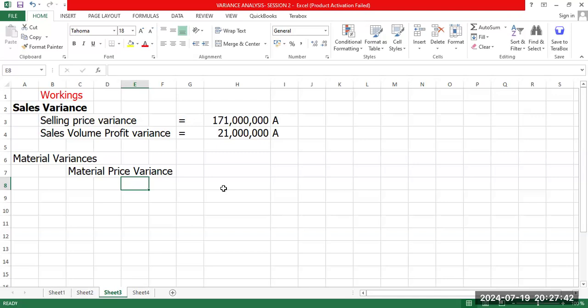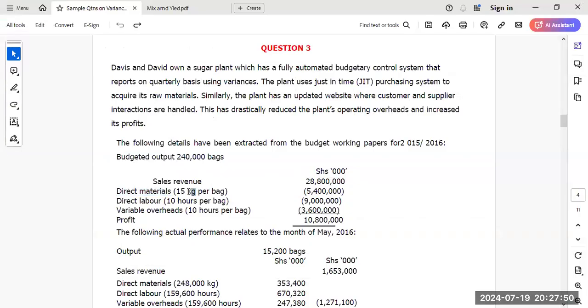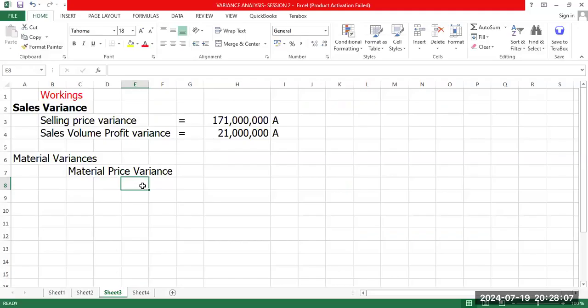The materials are given in terms of kgs. On every 1 kg, what will be the price?